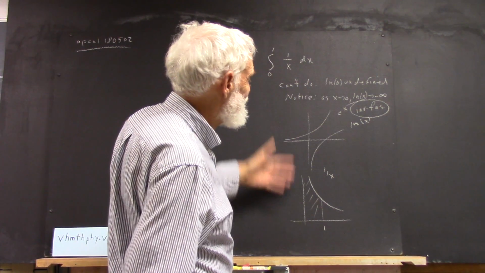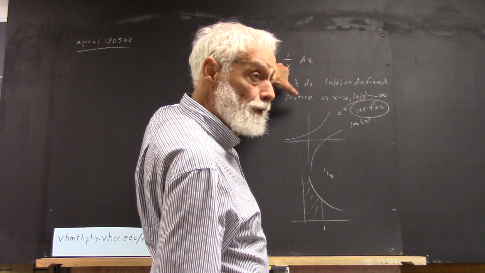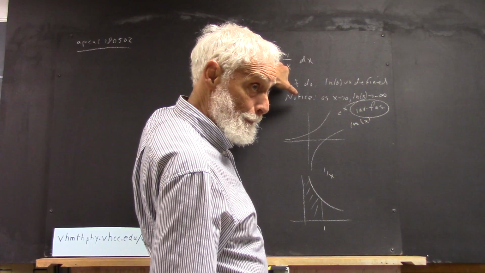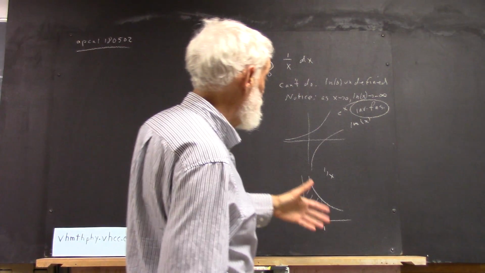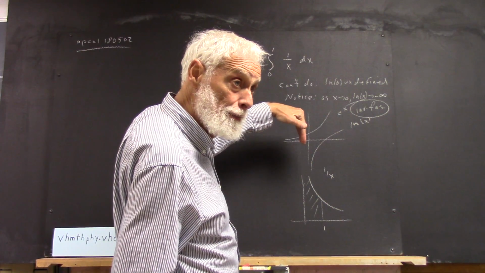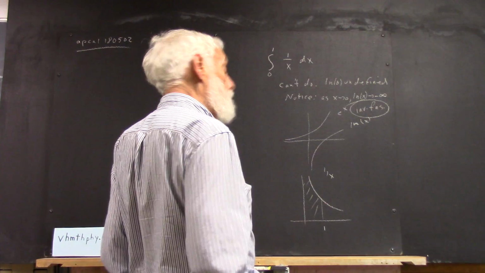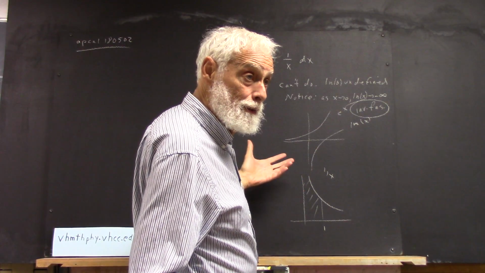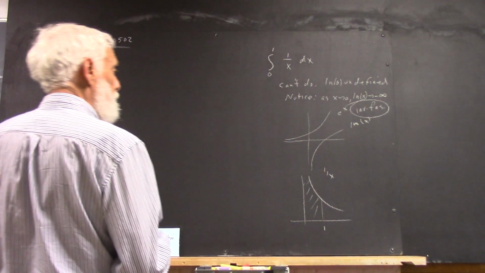So this is the idea of an integral that doesn't converge, okay? If your integrand is 1 over the square root of x, it would look a whole lot like this, but it would converge. But we'll do that. I think we've already done some of that.